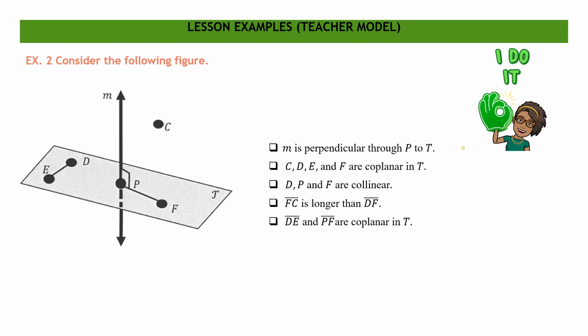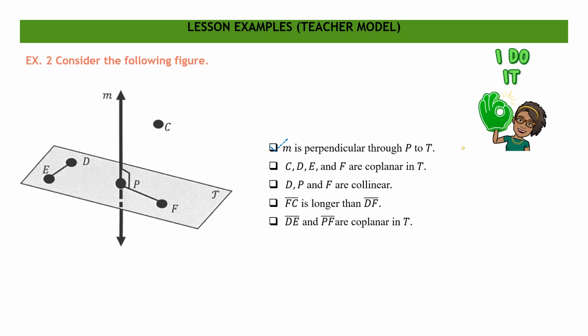First statement says, line M is perpendicular through point P to plane T. So we have the line here M, and M is going through point P, which is here, and it is going through the plane T, which is here. So this is a true statement because we have the line M going through point P and intersecting the plane T. So we can mark that one as being true.